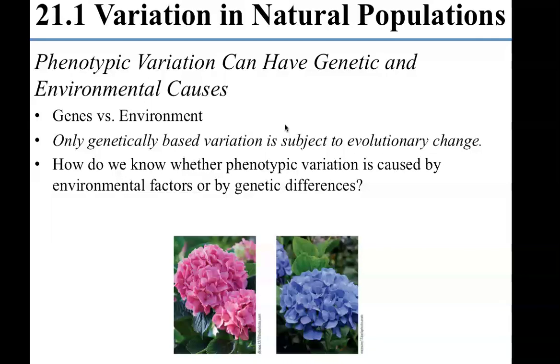As an example of that, look at the picture of the hydrangeas here. We've got pink ones and blue ones in terms of their flowers. And this is not a genetic difference. In other words, the difference in flower color is not due to genetics, it's due to the environment. With hydrangeas, if they're grown in acidic soil, they produce blue flowers.